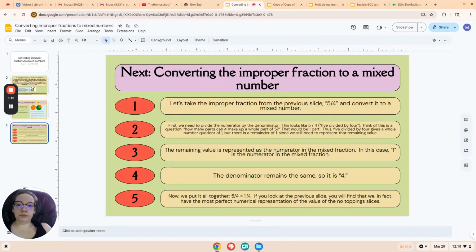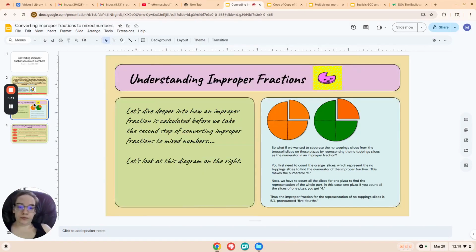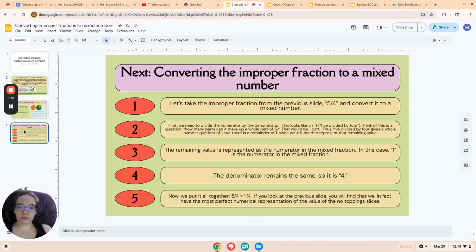Next, converting the improper fraction to a mixed number. Number 1, let's take the improper fraction from the previous slide, 5/4, and convert it to a mixed number.